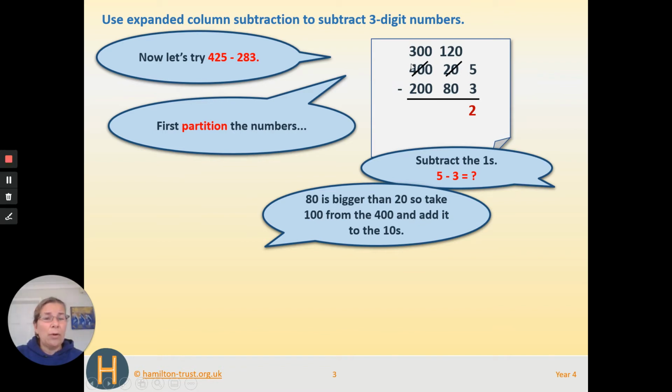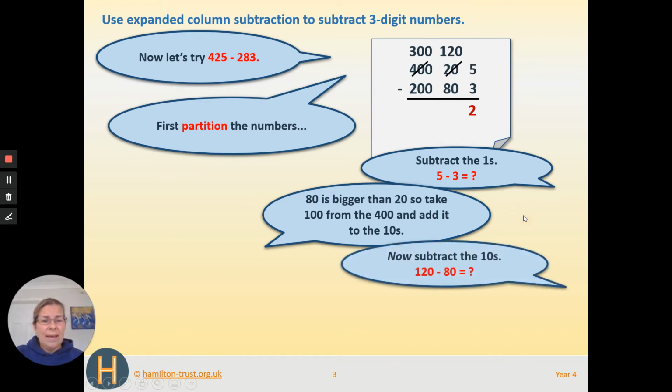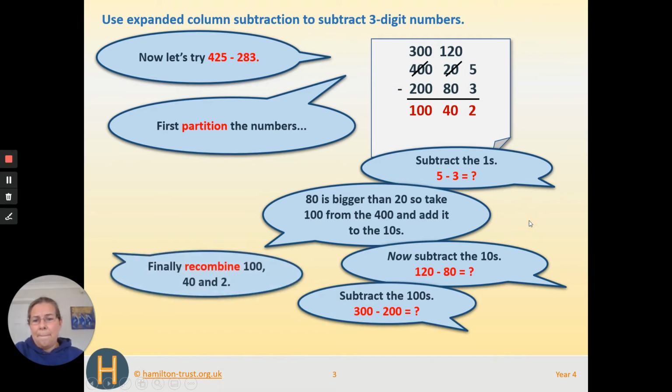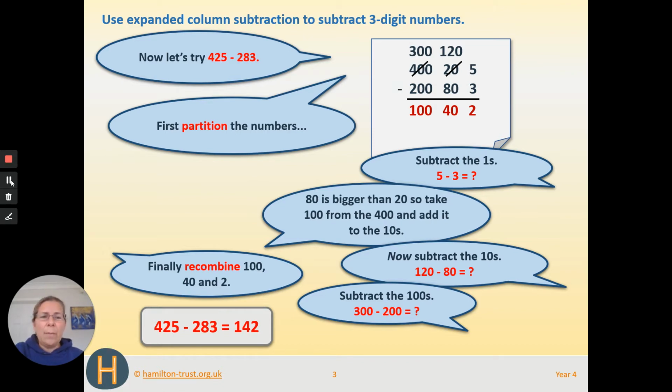It is now only 300, and that becomes 120. 120 take away 80 is 40, and 300 take away 200 is 100. Now recombine those numbers together. 140 and 2, and you get 142. Great job.